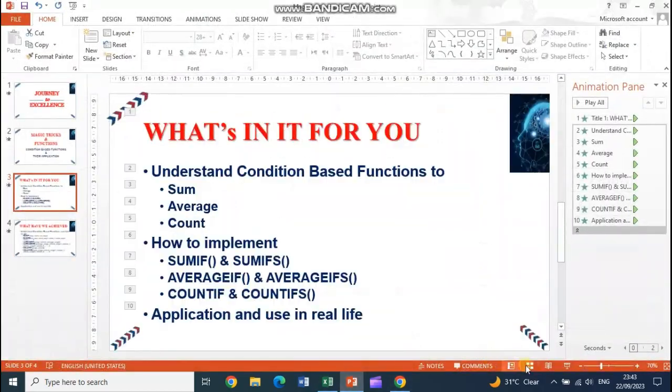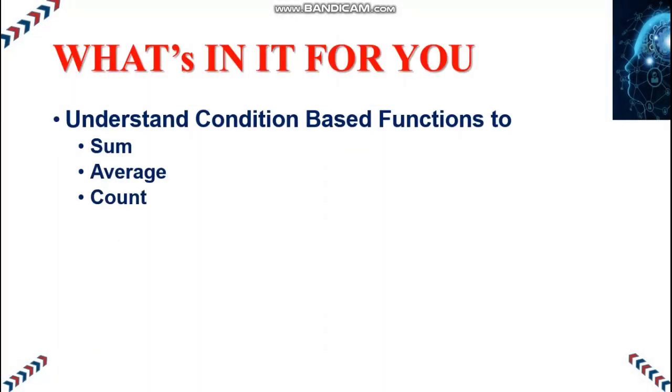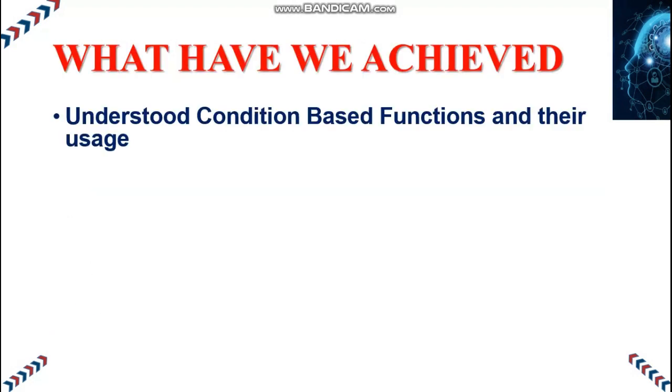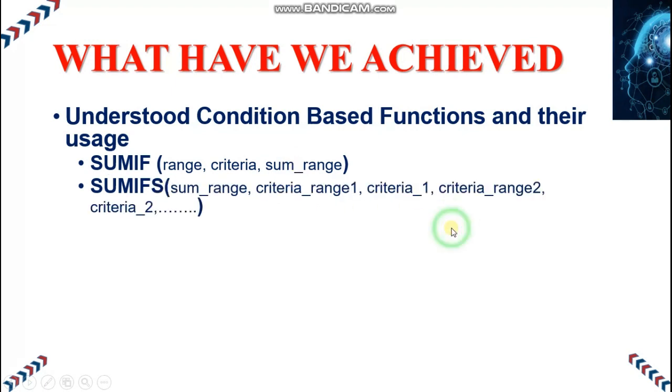So at the end, let's see what we have covered. We have seen condition based functions, SUMIF with 3 parameters: the range on which you want to put a condition, the criteria, that is the value you are looking for in that range, and the column you want to do the sum for.